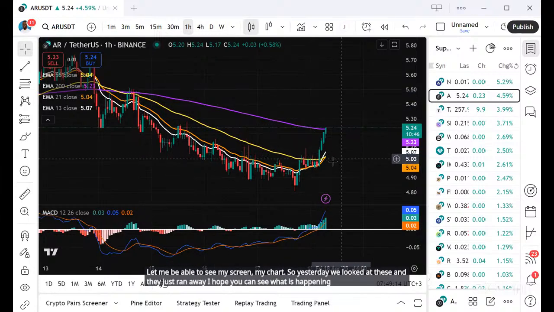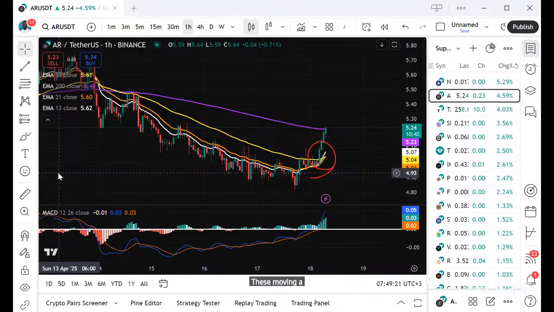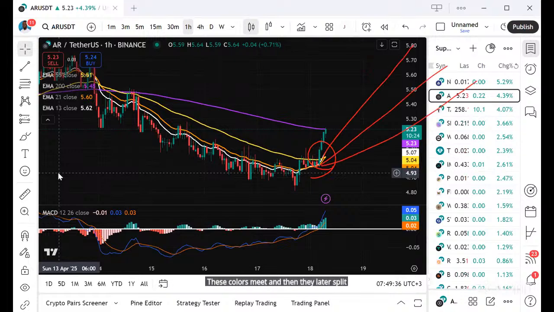So when these meet, just to start off with that, when these moving averages meet together, they form a strong uptrend and they form what we call a rainbow, because when they come together, these colors meet and then they later split. They later split, like you would see this coin called AR.